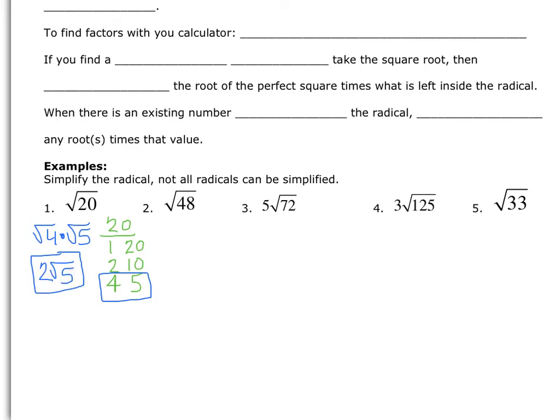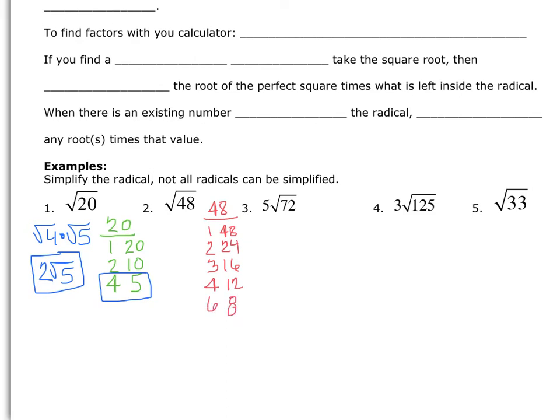Okay, so let's look at 48. We're going to look for factors of 48. 1 and 48, 2 and 24, 3 and 16, let's see, 4 and 12, 5, 6, 6 and 8.